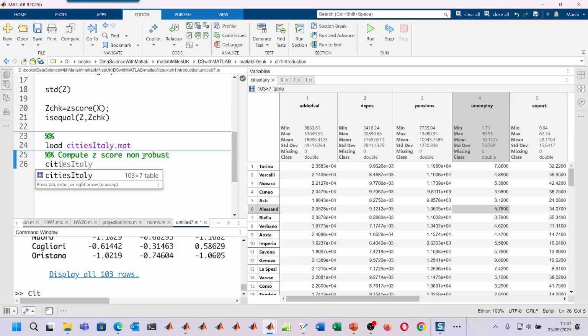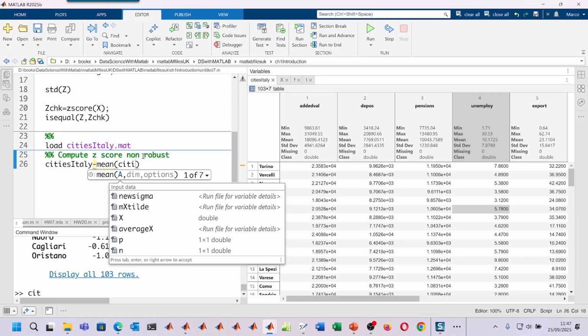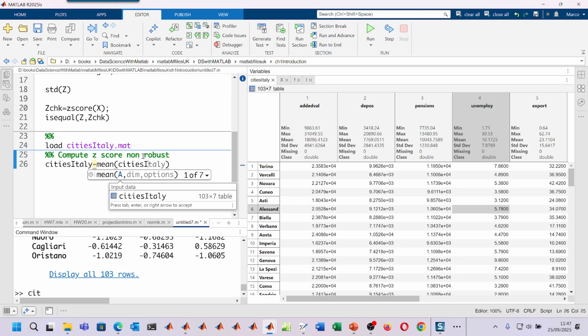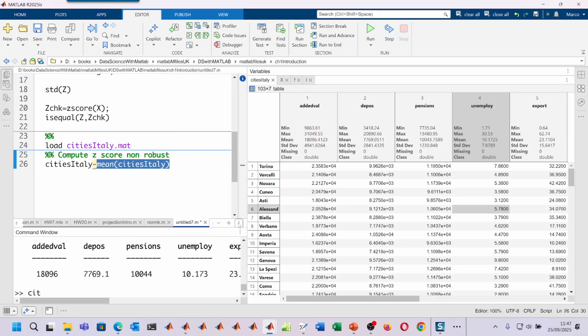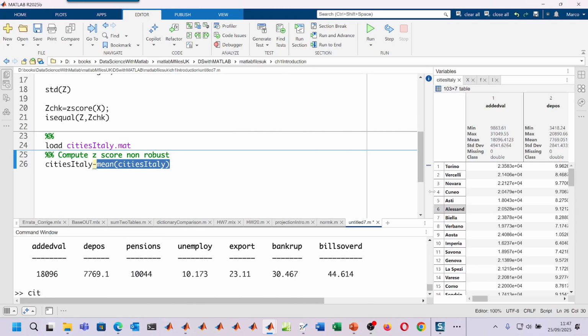So if you do Cities Italy minus mean of Cities Italy, here the mean of a table creates a table, you see. So here you are doing a table minus a table.